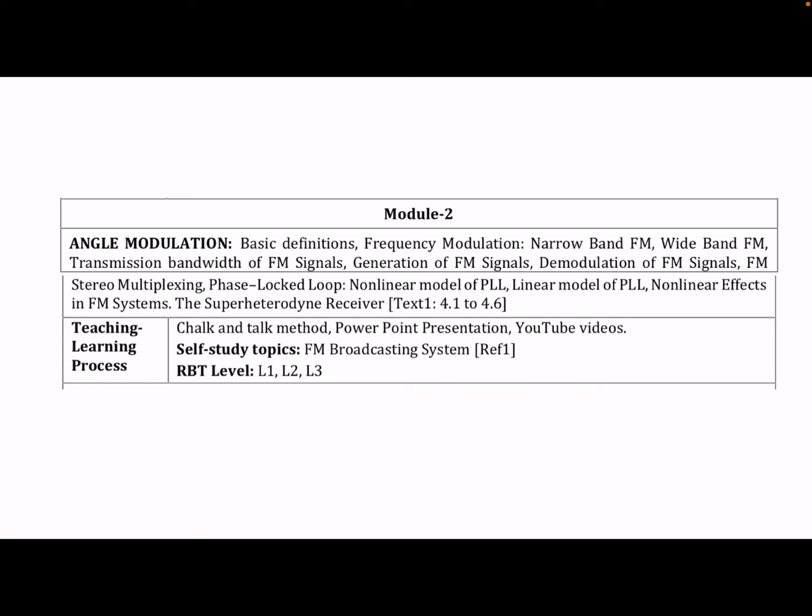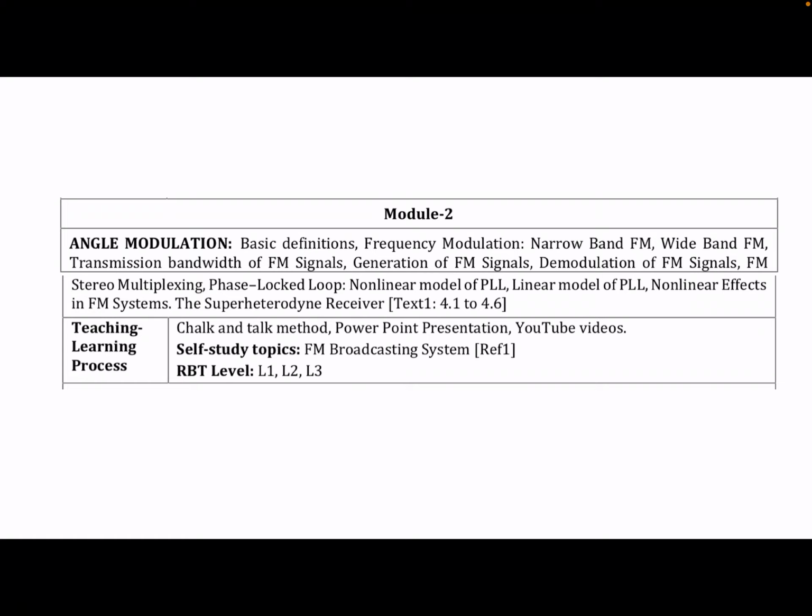What do we mean by frequency modulation? What is angle modulation? Basically, there are two types: frequency modulation and phase modulation. First we took frequency modulation. Based on the beta value, the modulation index, you have two types, narrow band FM and wide band FM. Along with the derivations, the concepts were clearly explained.